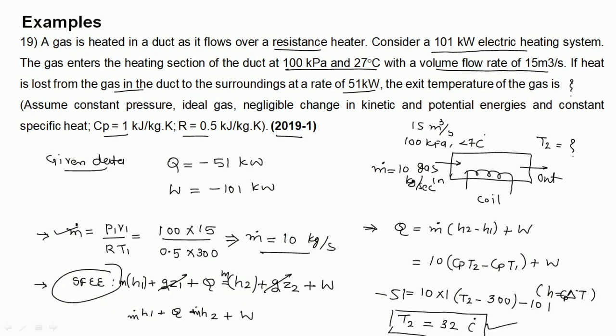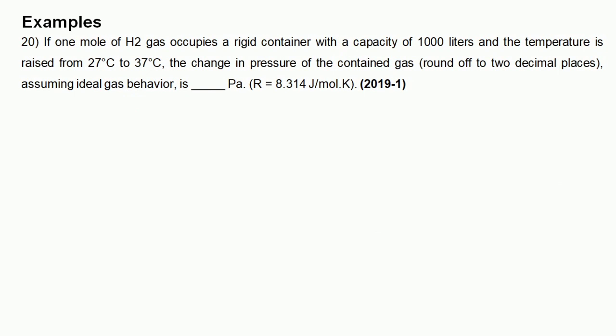Now the next one, example number 20, also from GATE 2019. The given data: 1 mole of H2 gas in a rigid container, capacity 1000 liter, so we say volume is 1 meter cube.